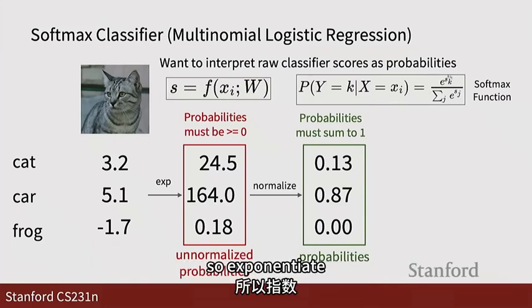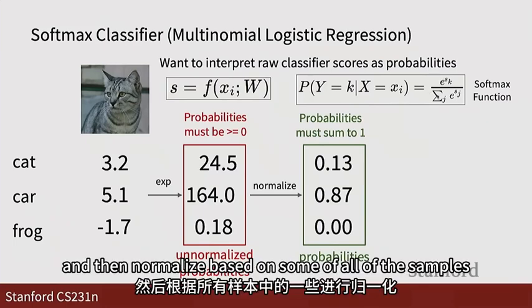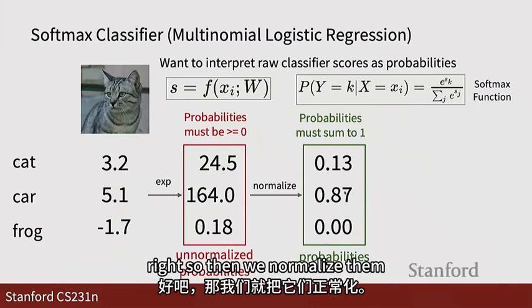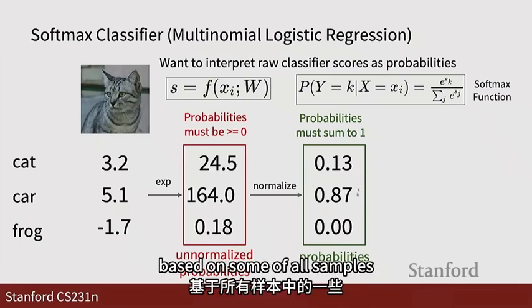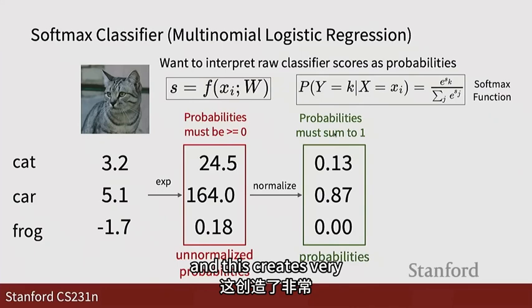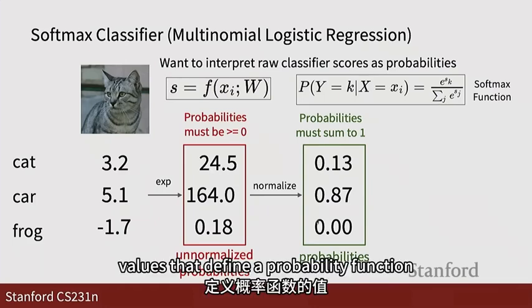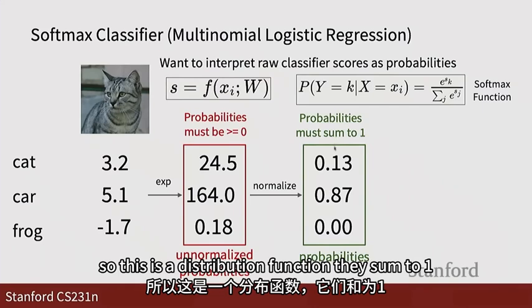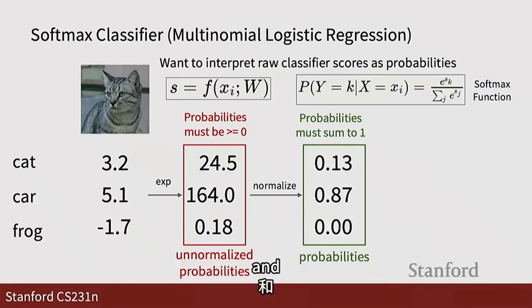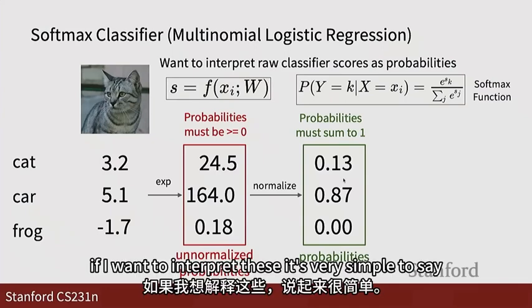So exponentiate and then normalize based on the sum of all of the samples, right? So then we normalize them based on sum of all samples, and this creates a very good set of values that define a probability function. So this is a distribution function, they sum to 1.